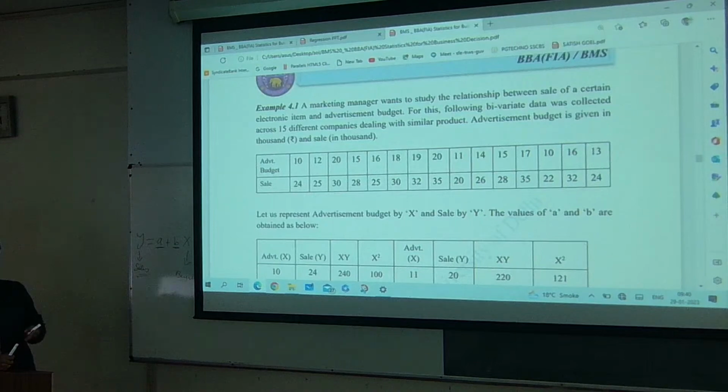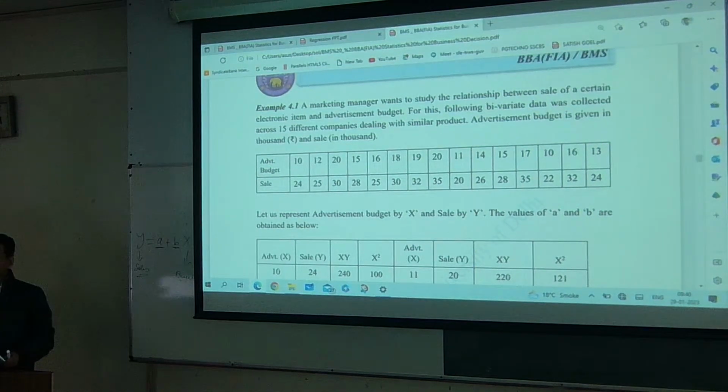Through the regression model you have to estimate a and b, and find such values of a and b so that the error is minimum. Although you cannot avoid the errors, there would be some part of error, you can minimize it with the principle of least squares. There is a least squares method through which you can minimize the error.